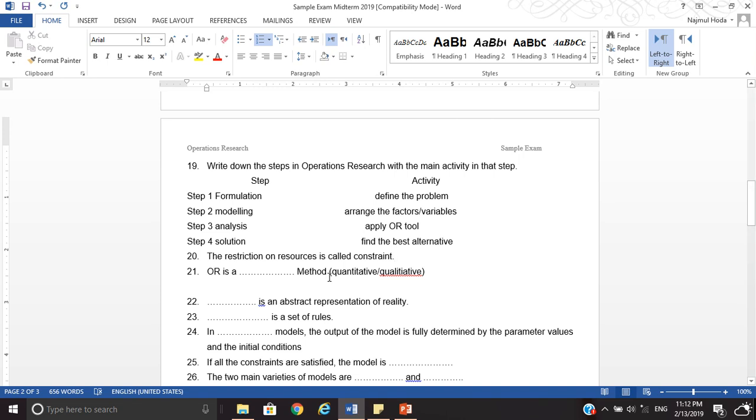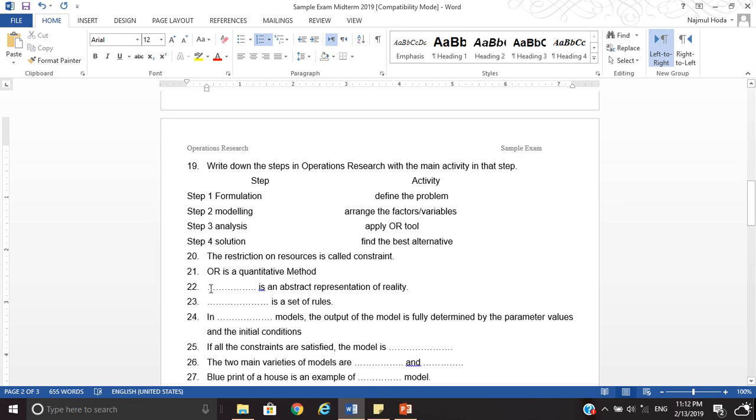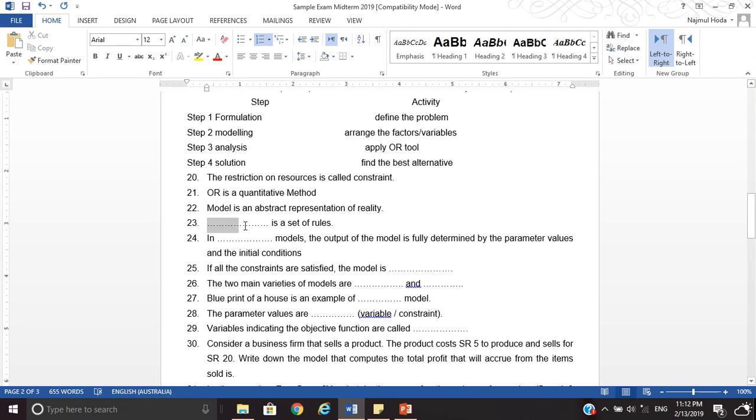OR is what? Easy, we just solved it. OR is a quantitative method. And we have also solved this one, that model is an abstract representation of reality. As in computer programs, in OR, what we have to do is learn the steps.